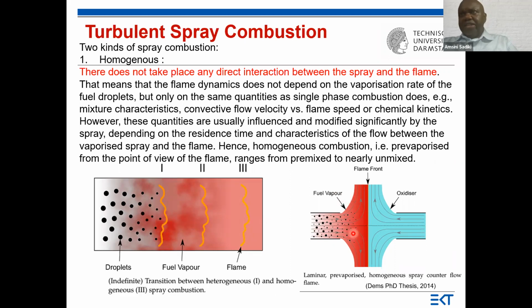And we can see this here if we consider a counterflow flame. So we have oxidant here, and we have the flame front, and we have the fuel, and here we have the oxidizer and the flame. The particles are all evaporated before the start of the combustion.